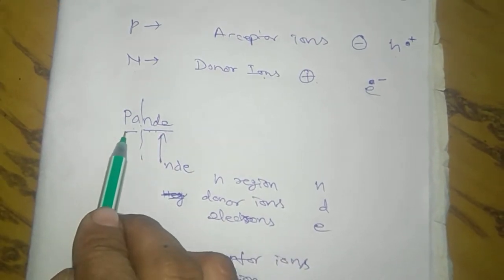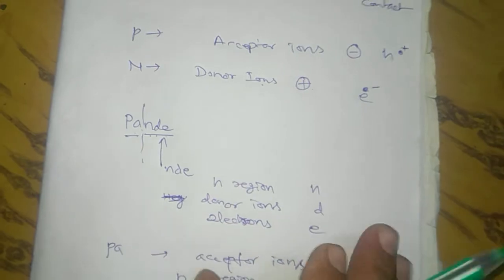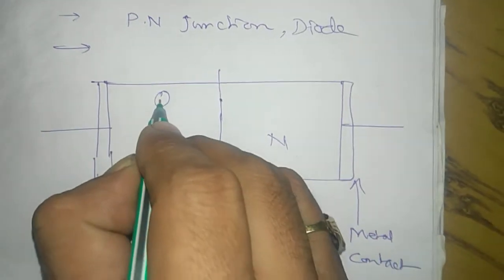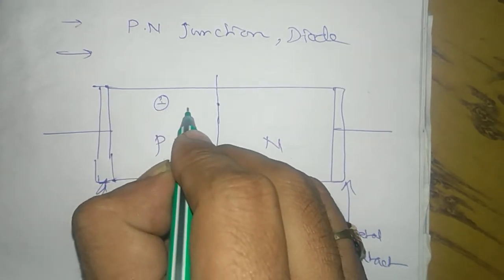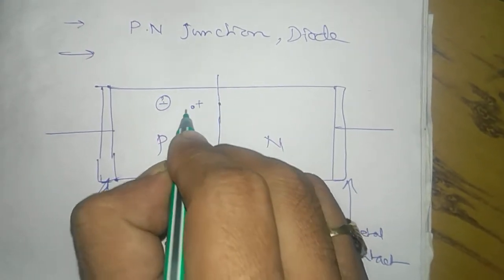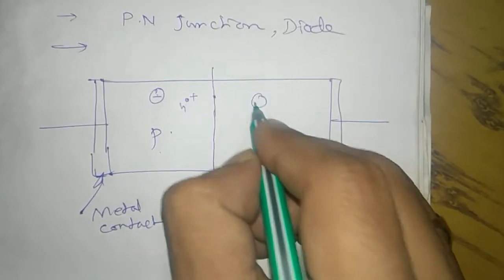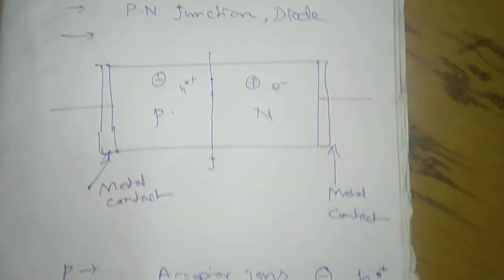So in the P region with acceptor ions we have the hole. So we can make negative ions with holes and positive ions with electrons.